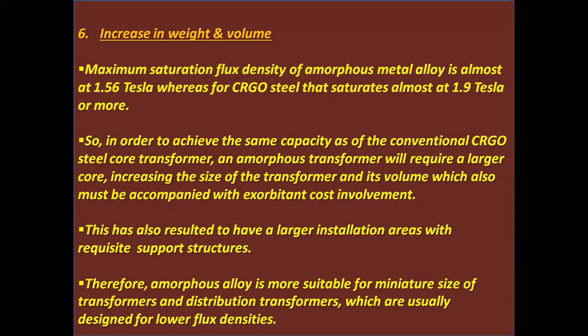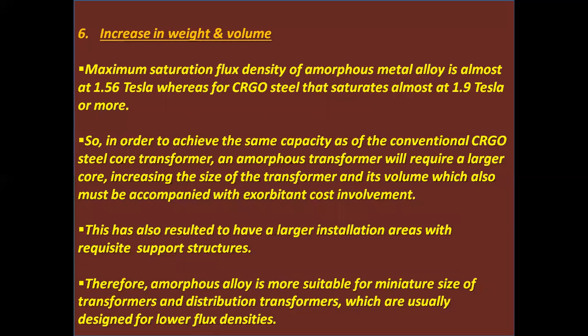Increase in weight and volume. Maximum saturation flux density of amorphous metal alloy is almost 1.56 Tesla, whereas for CRGO steel it saturates at almost 1.9 Tesla or more.